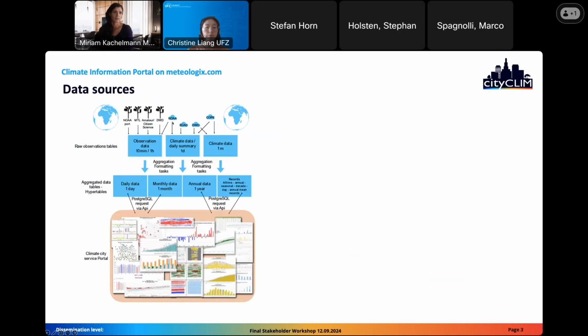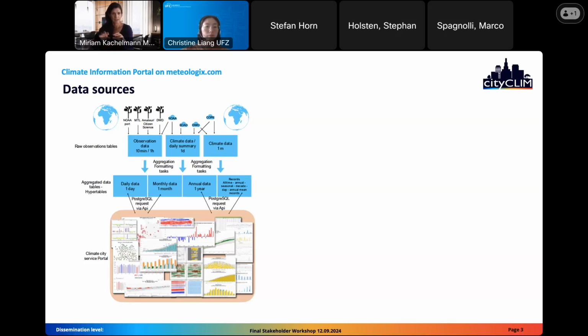We actually collected it from many more sources than are shown here, but one of the biggest ones is NOAA, and then MTL, that's actually us. We have our own weather station network of more than 1,000 sensors. We also collected amateur and citizen science data together with the Helmholtz Institute, the WFZ, that are also partners in this consortium.